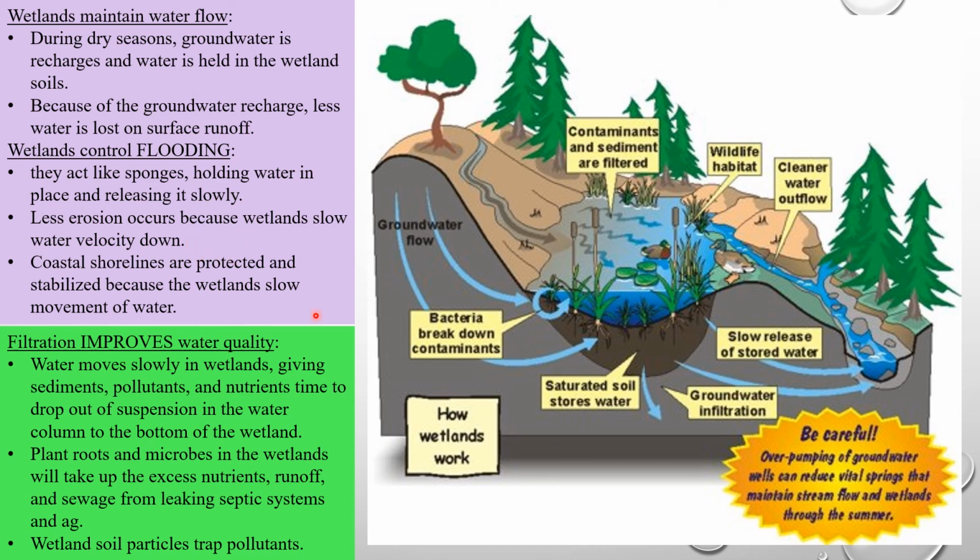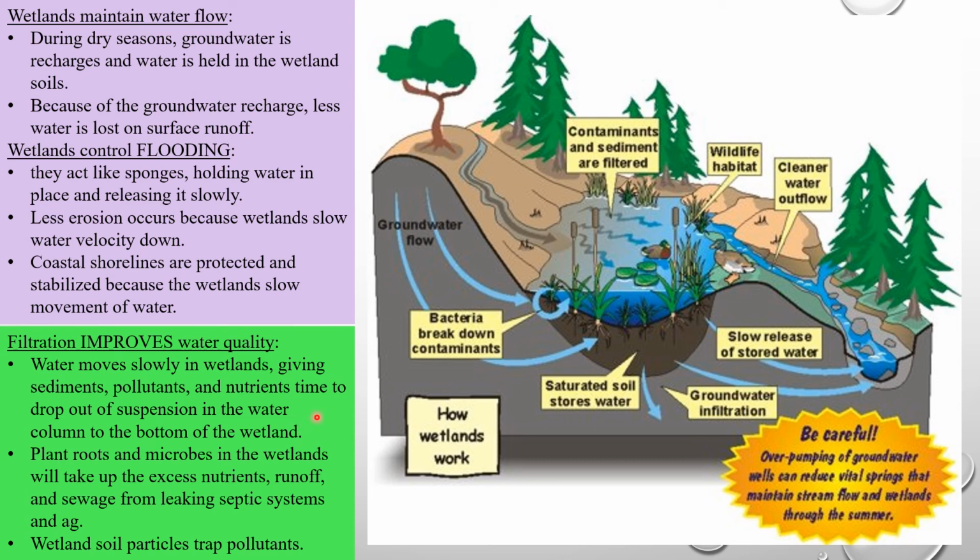And then our coastal shorelines, any wetland that's on a coastline, if a hurricane comes in or severe storms come in, it actually protects those strong erosion-capable waves from coming inland. So it just holds it back, it slows down, and it acts as a barrier for all that bad, dangerous, moving water.